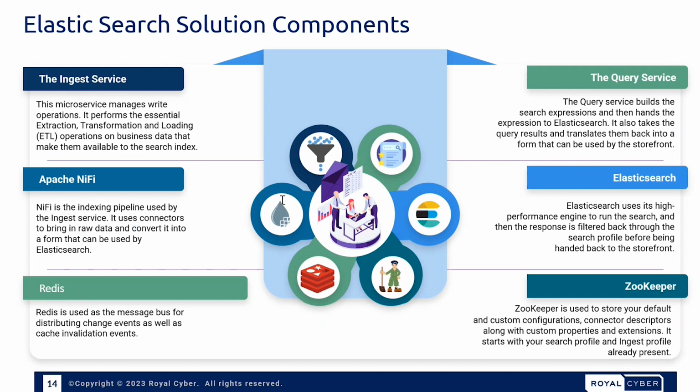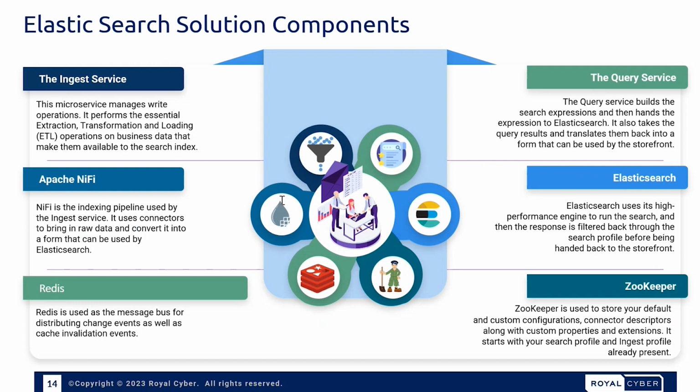NiFi is an indexing pipeline used by the ingest service. It uses connectors to bring in raw data and convert it into a form that can be used by Elasticsearch. You can use the default NiFi connectors for known data types or define your own so that NiFi can bring in custom data types. NiFi runs in its own container and is fully extensible.